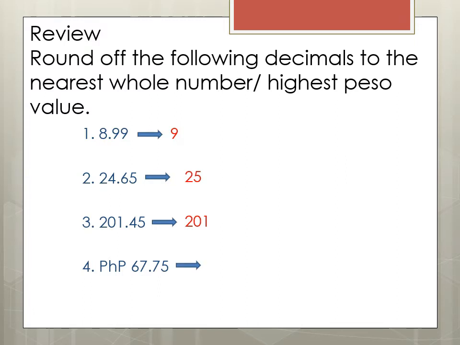So you will round it up. Now for number 5, it is 123 pesos and 25 centavos. The highest peso value is? Yes, it is 100 pesos, since at the right of 1 is 2. It is less than 5. Okay, so did you get at least 5?